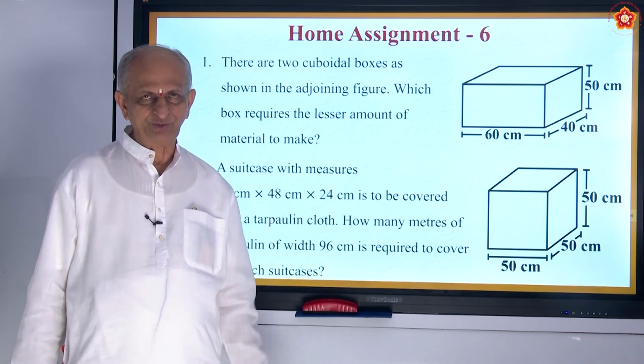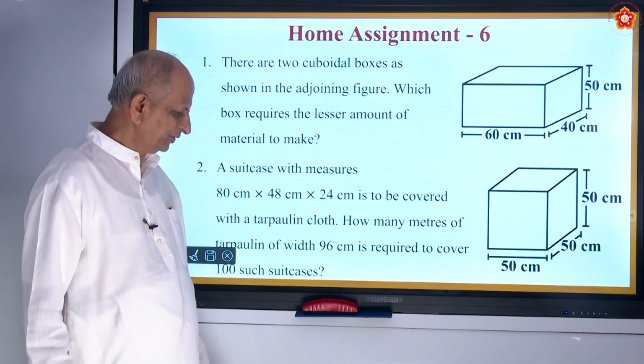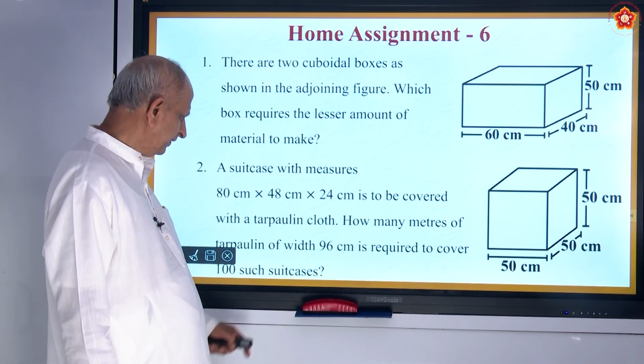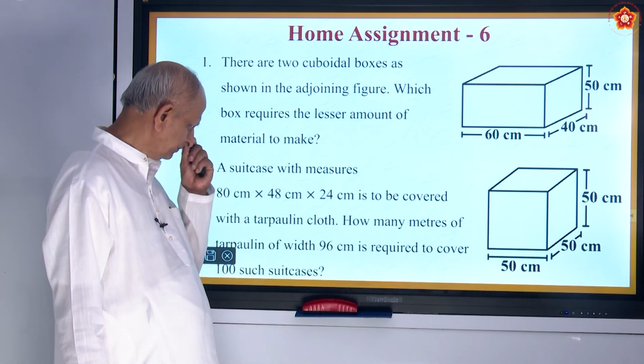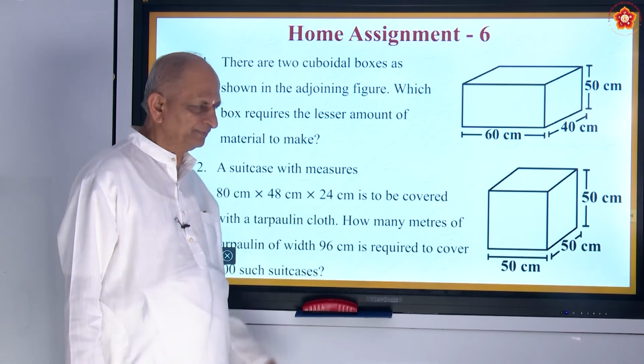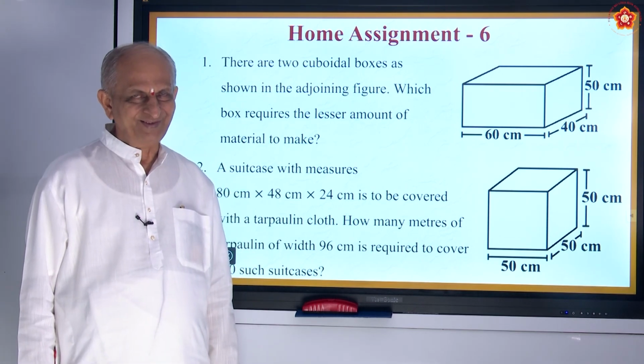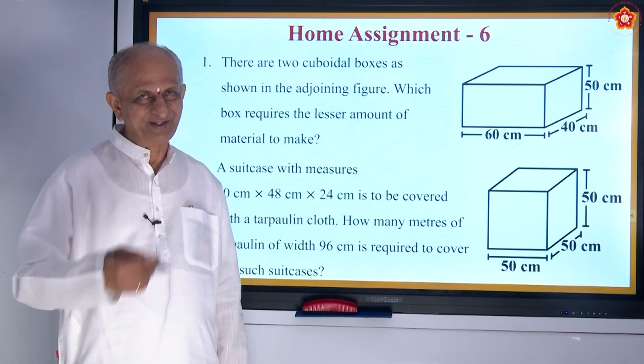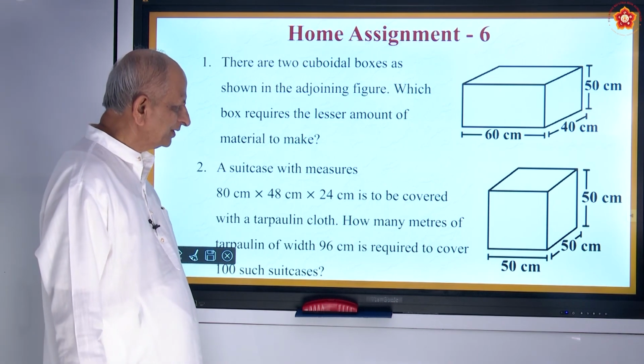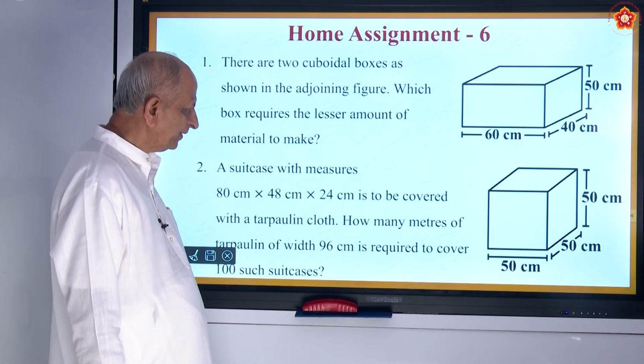So just now you have seen one suitcase. So it is to be covered with tarpaulin, and tarpaulin width is 96 centimeters. This is the size of the suitcase. You must find out how much tarpaulin is required. Usually suitcase will be covered, no? Covering is important. Okay. So that is the second home assignment.